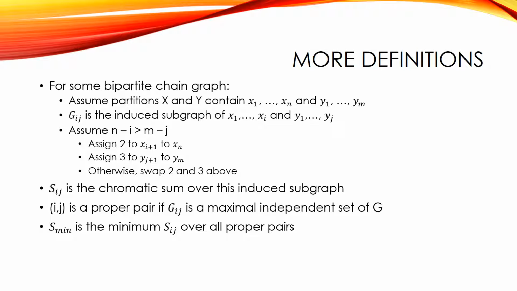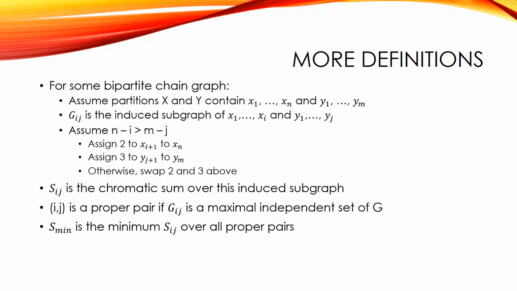Then we're going to call G sub ij the induced subgraph of i X vertices and j Y vertices, where in particular x1 through xi and y1 through yj are the vertices of the induced subgraph.